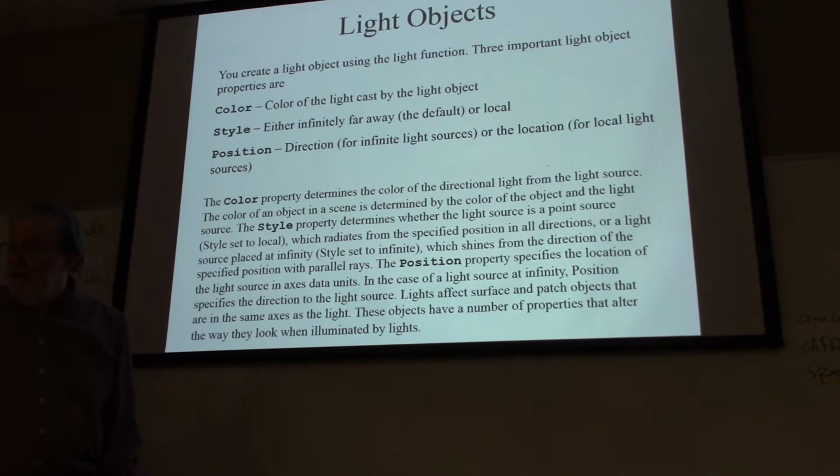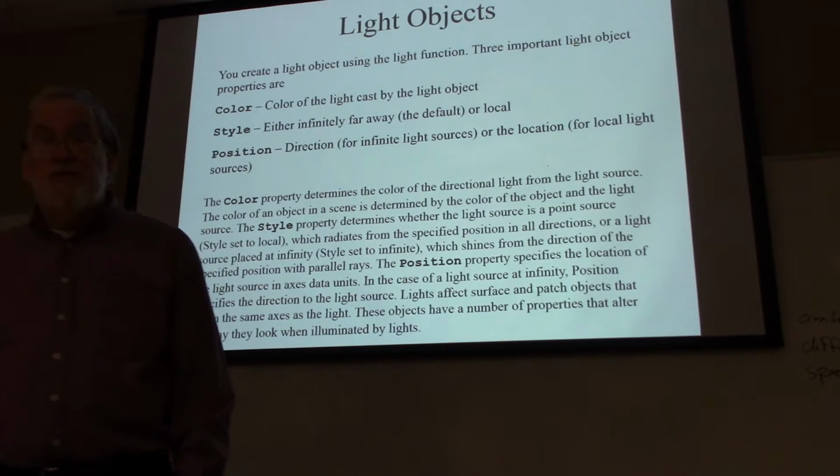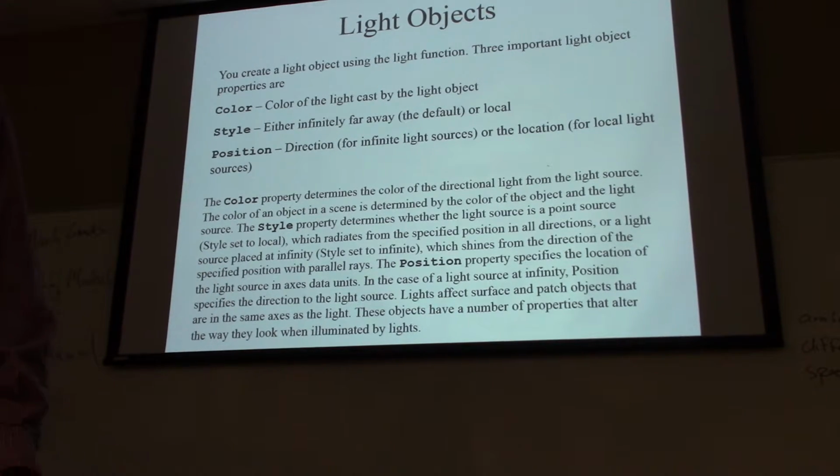Then MATLAB allows you to define lights for the scene. In the lights, there's the color of the light. By color, they also mean intensity, because if you have a red light, they'll adjust the value of redness according to the intensity. So it's the product of the color times the intensity that gets used.